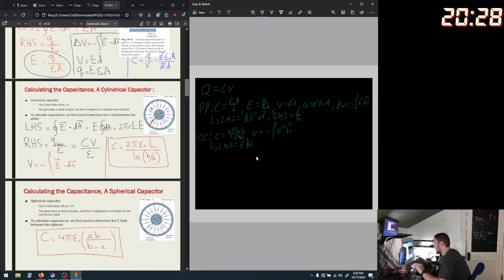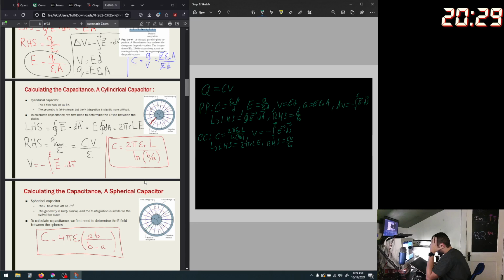Well, actually, this is just going to equal 2 pi R L E, and the right hand side equals CV over epsilon 0. Okay.